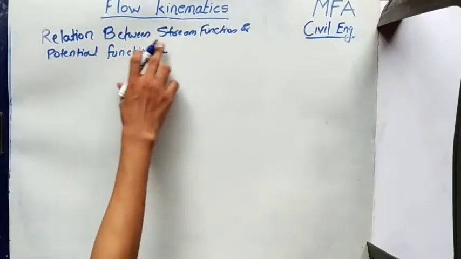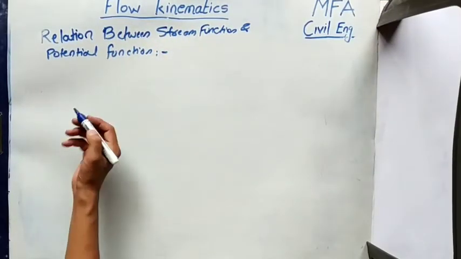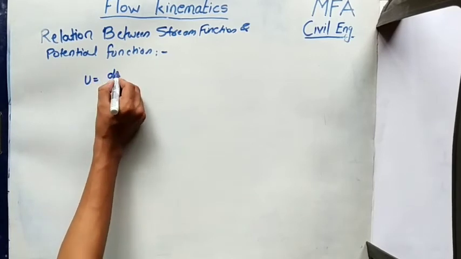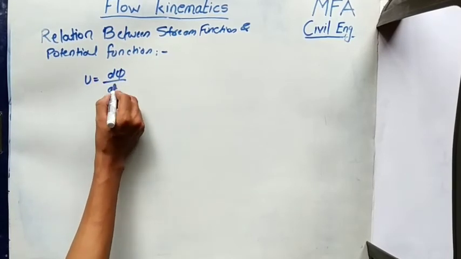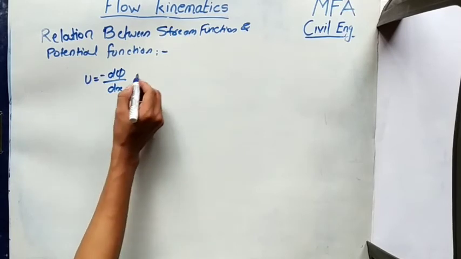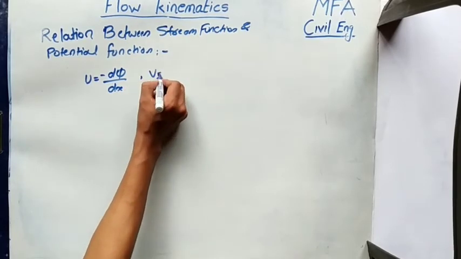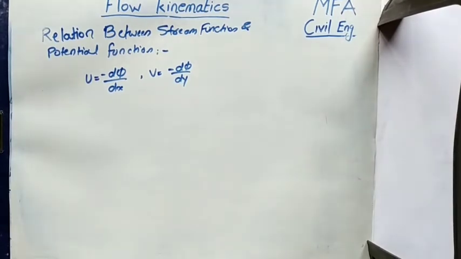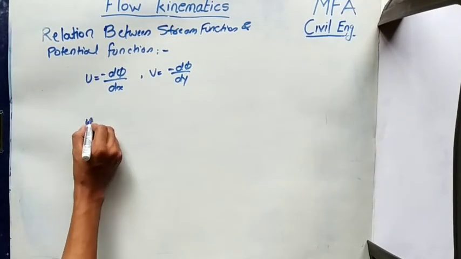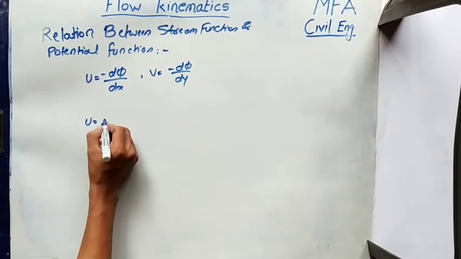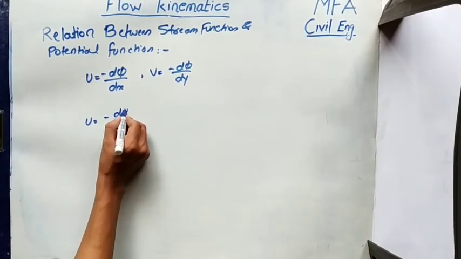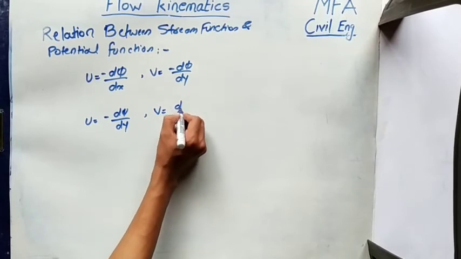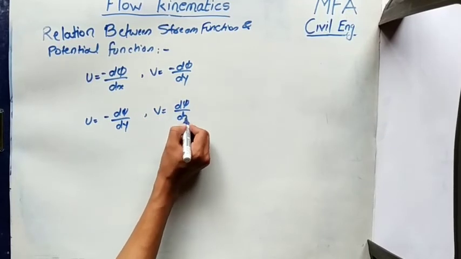Now the relation between the stream function and the potential function. We know the relation between the velocity components with respect to the potential function phi as u is equal to minus of d phi by dx and v is equal to minus of d phi by dy. And also the velocity components in terms of the stream function are u equal to minus of d psi by dy and v equal to d psi by dx.